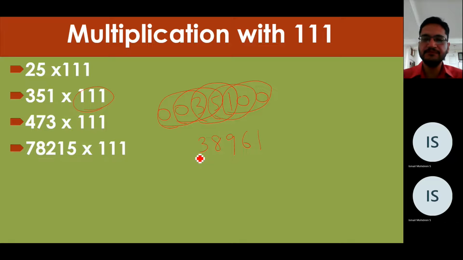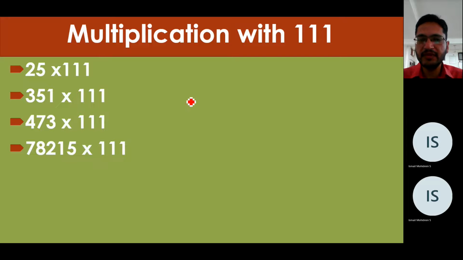One more example. Now we will multiply 4, 7, 3 with triple 1. Again, I will write 2 zeros. Now, one by one, I will add pairs of 3 digits. 3 plus 0, that is 3. Next pair is 7, 3, 0.